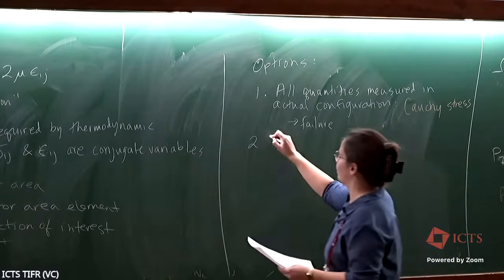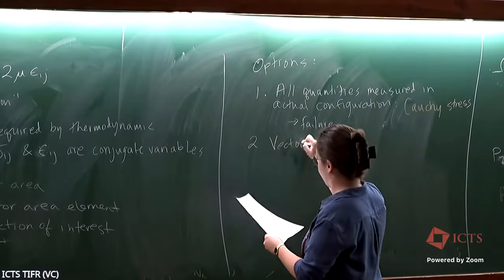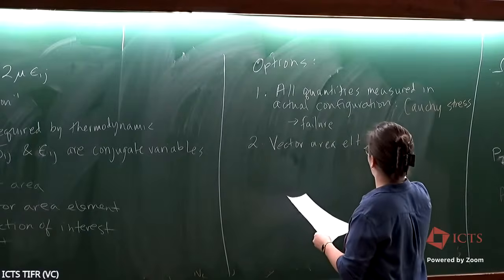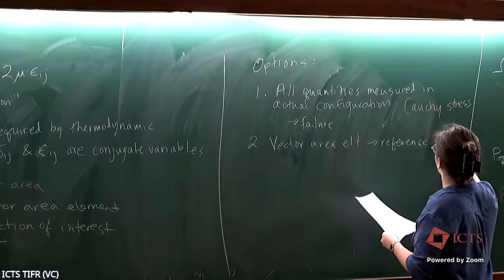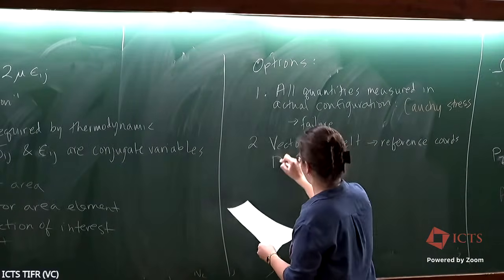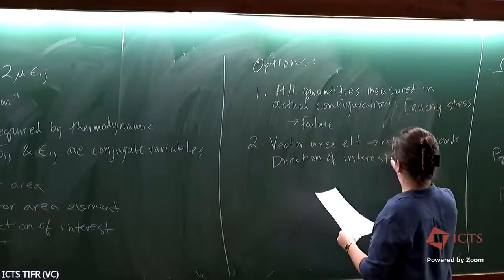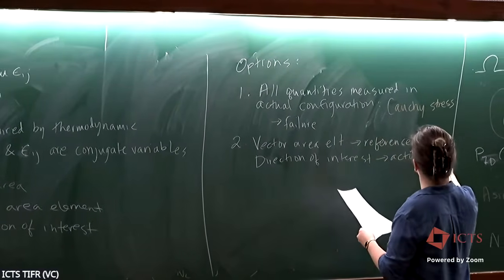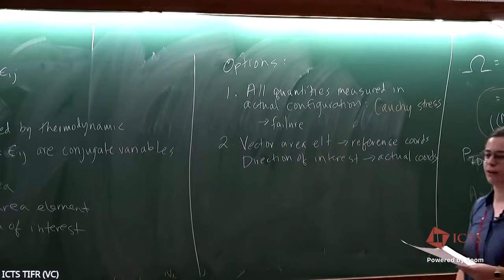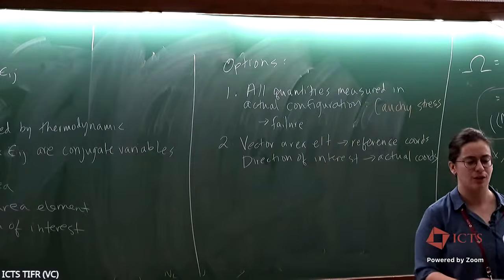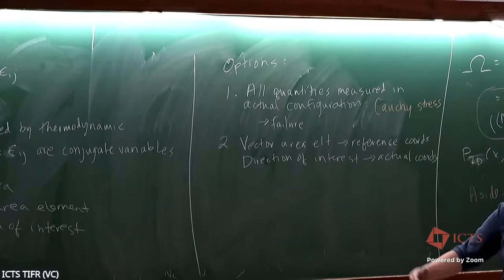Another choice that you could use that we saw in our beautiful lectures on beams is you might choose that the vector area element is in reference coordinates, but the direction of interest is in actual coordinates. This is something that we saw was very useful for deriving balance laws because it made it much simpler. It's also very useful in comparing to experiments because if you're imagining stretching something, you might not want to have to track how that cross-sectional area is changing.